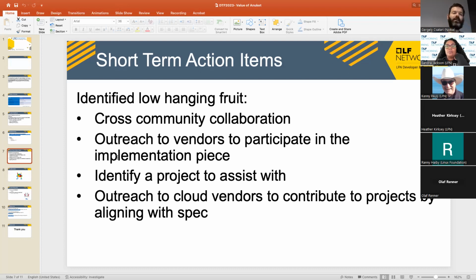Should it be rolled into Sylva? Yes, that's what I started to think about, because there is a huge overlap between what the Anuket mission is and what the Sylva mission is. So that's a good question. Maybe combining them together would be a way forward.